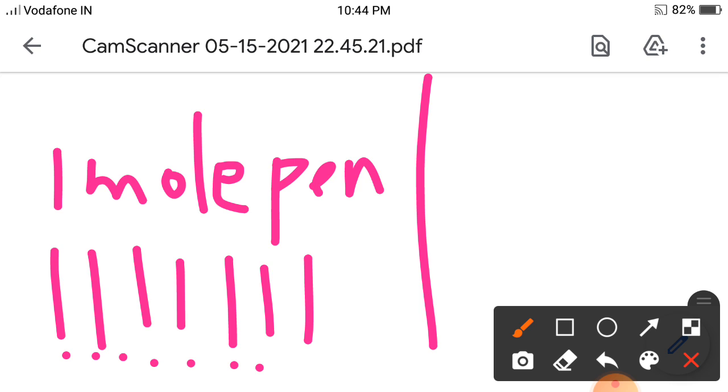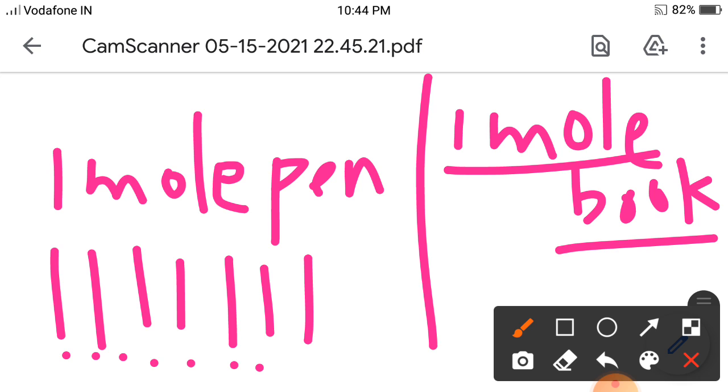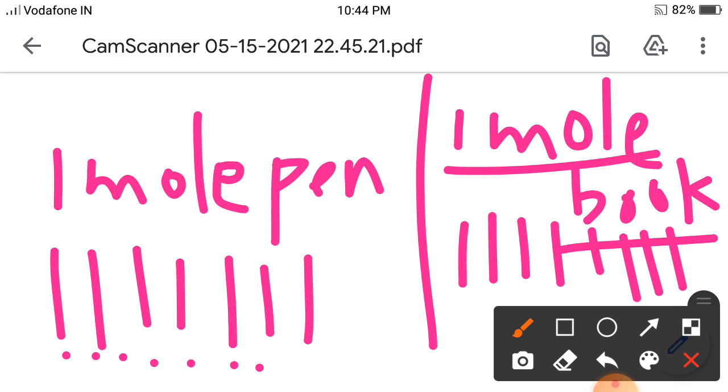Now suppose I also have 1 mole of books. 1 book, 2 books, 3 books, 4th, 5th, 6th. This 1 mole of books means 6.022 into 10 raised to 23 books.